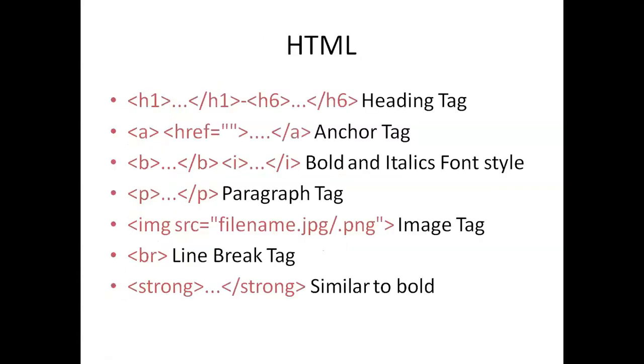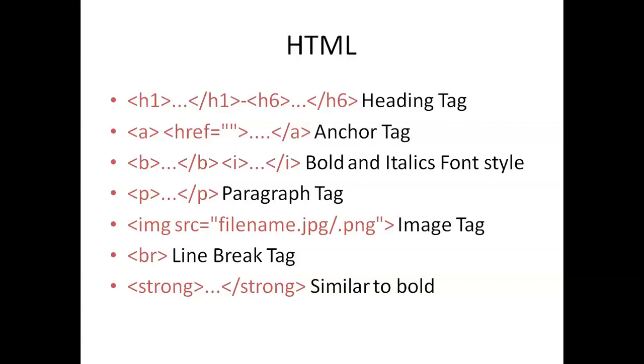So here are a few HTML tags that you can use in the content. These are heading tags. They start from H1 to H6. Then is the anchor tag. This is the most important tag, because this tag helps to create the link, the hyperlink.